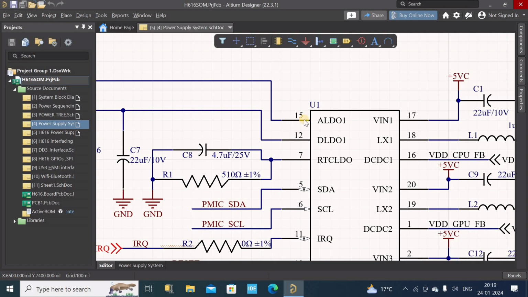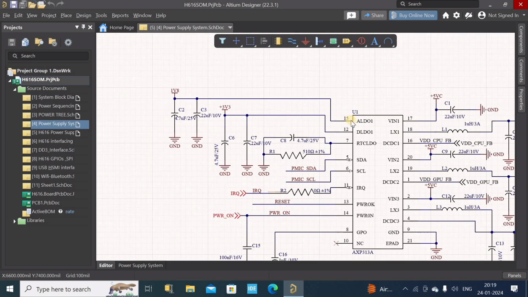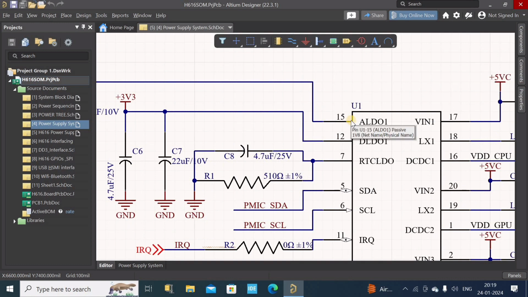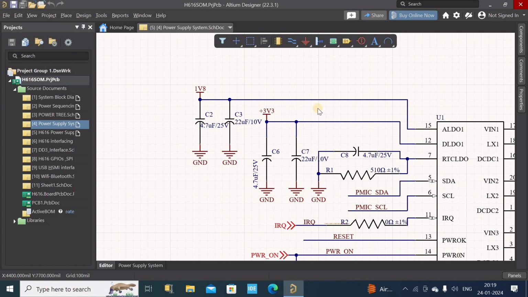If we look at the left top corner of our power management IC, we have pin 15, which is labeled ALDO, which generates 1.8 volt. As you can see, these two bulk capacitors are connected with these pins, and they are responsible for storing energy as well as filtering out some ripple on this power rail.